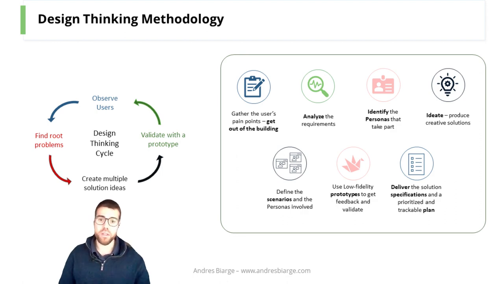And we can break these 4 iterative steps into a more formal methodology, and this is what you see on the right of the slide, which is these 7 steps that I'm going to go through now. So first, what we need to do is gather the user's pain points, of course, and I stress here, get out of the building, meaning that if possible, go to where your users are.